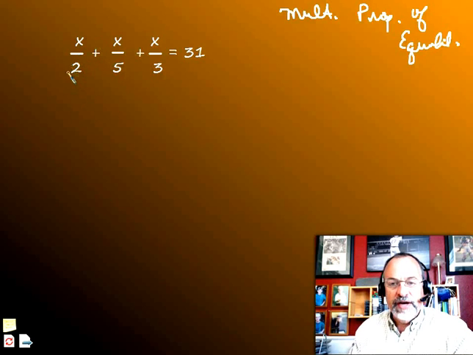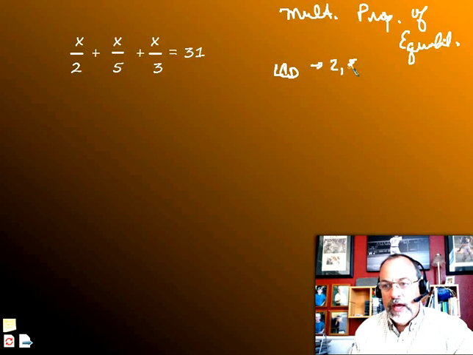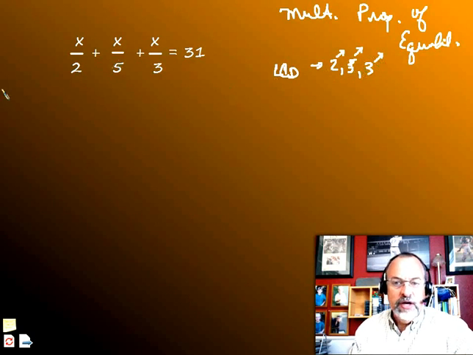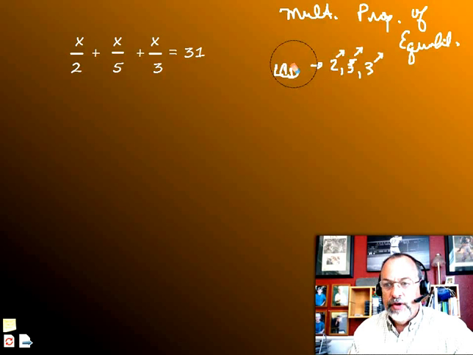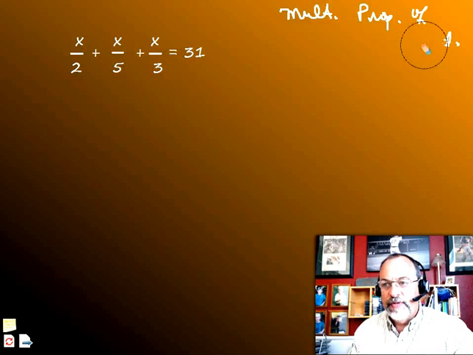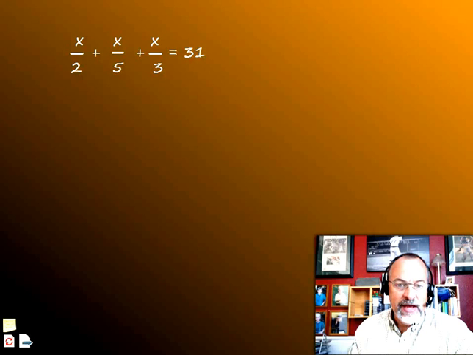So what I want to do is find the least common denominator of 2, 5, and 3. In other words, what number does 2 divide into evenly, 5 divide into evenly, and 3 divide into evenly? Okay, and the least common denominator here is 30. 30 is divisible by 2, 30 is divisible by 5, 30 is divisible by 3.